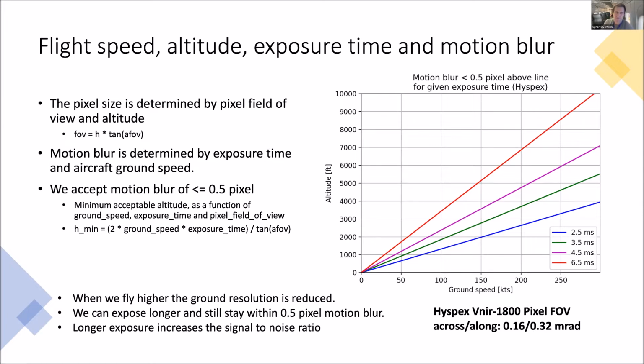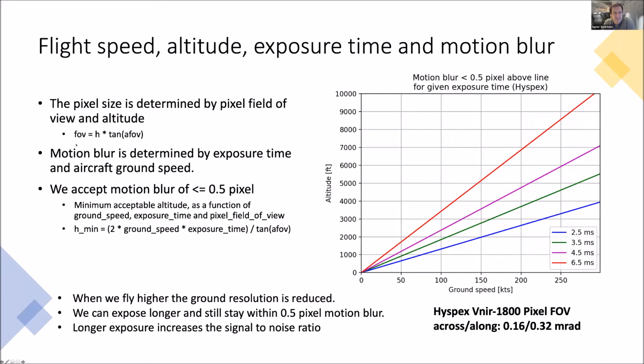So first, the pixel size is fixed when it comes to the angle, the field of view. And the field of view in meters on the ground can be calculated like this. So when you move higher, the field of view, or the footprint of a pixel, is increasing.